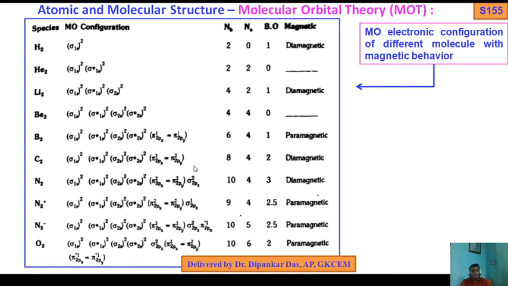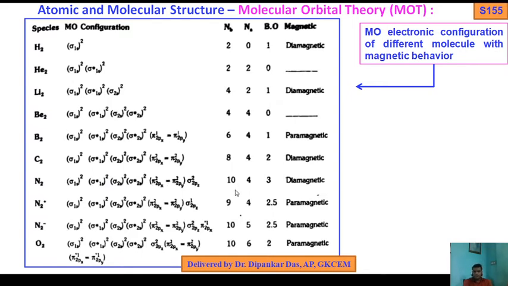Okay, in case of N2, 7 plus 7, as I already discussed: sigma 1s2, sigma star 1s2, sigma 2s2, sigma star 2s2, pi 2px2 equivalent to pi 2py2, sigma 2pz2. So the total is 2 plus 2 is 4, 6, 8, 10, 12, plus 2, 14.